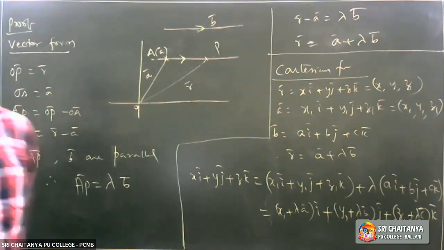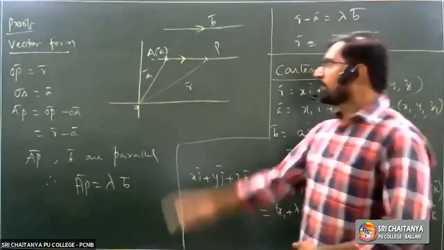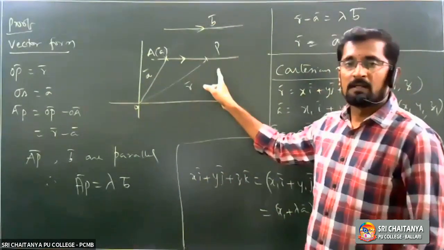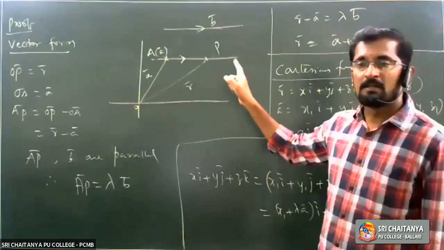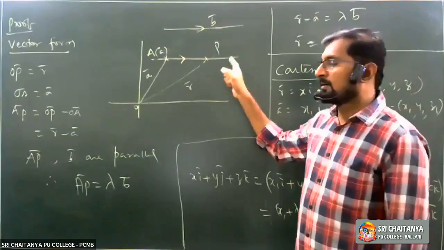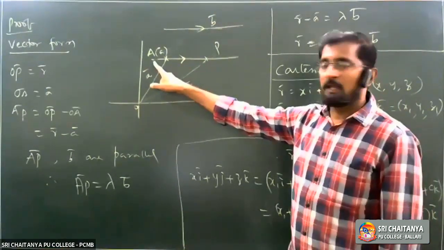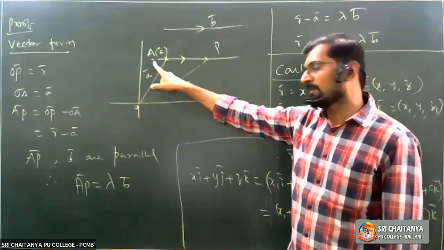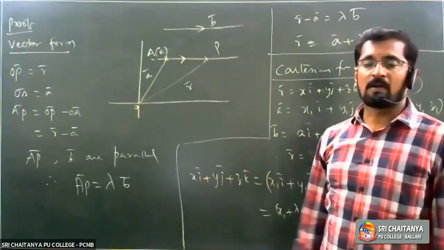Capital P be the point on the line. Let P be the point on the line passing through the point capital A bar, and parallel to the vector B bar.